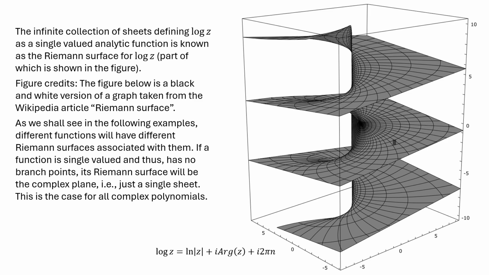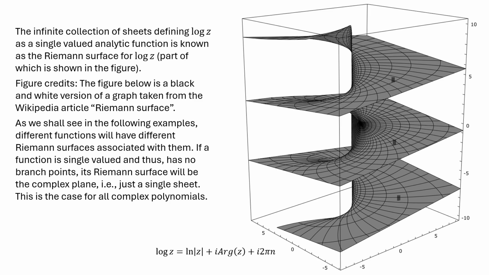And if we went up one level, then we would be graphing again z, and then it would be i arg z plus 2 pi i, since n is 1 going up. If we went clockwise this way, we went down a level, say roughly here, then again we would be graphing the coordinates for z, and then just the i arg z minus 2 pi i.